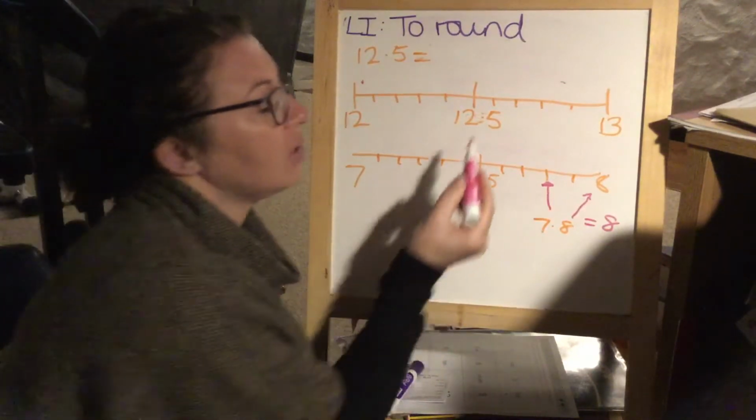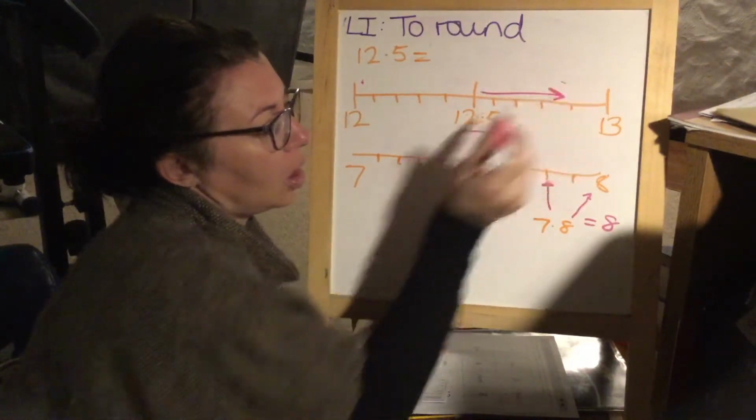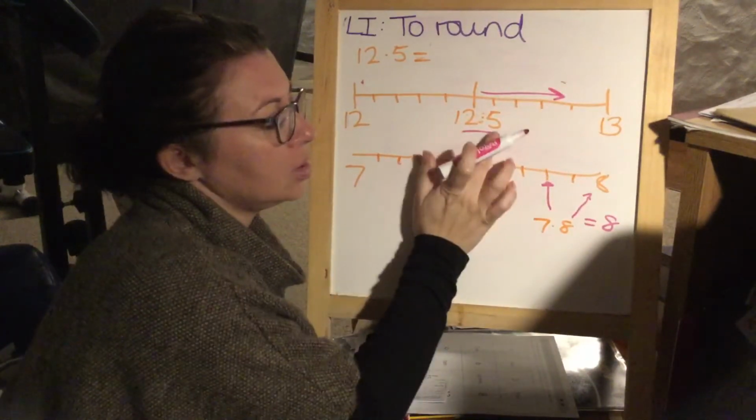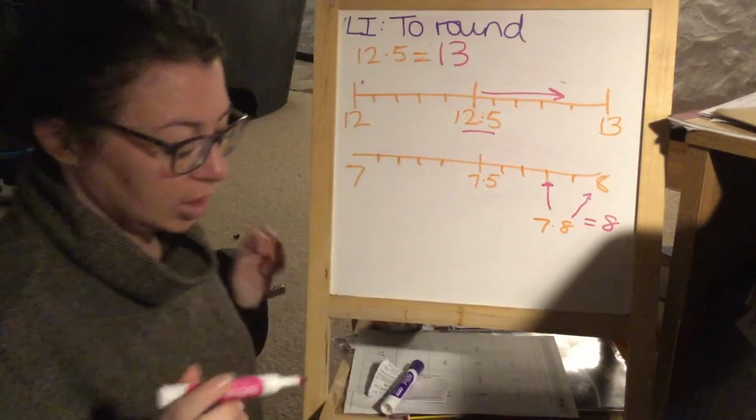So 12.5 is the midpoint, but that means it goes up, okay? As soon as this number hits 5, it rounds up, so that would round up to 13.